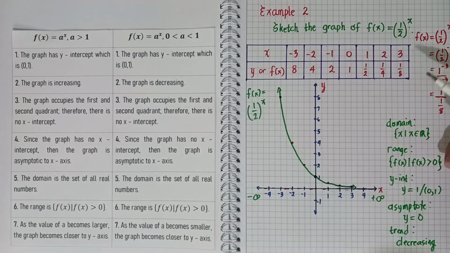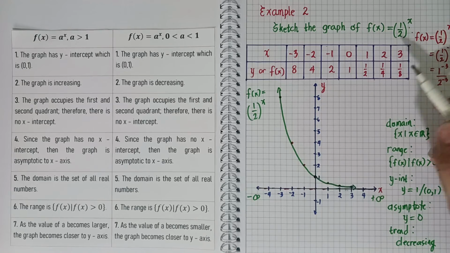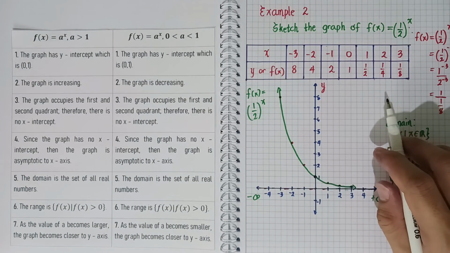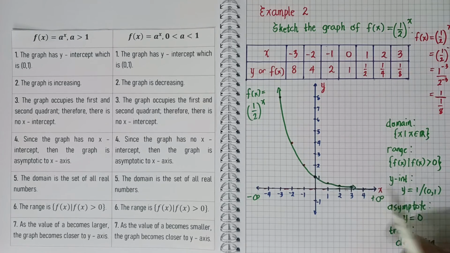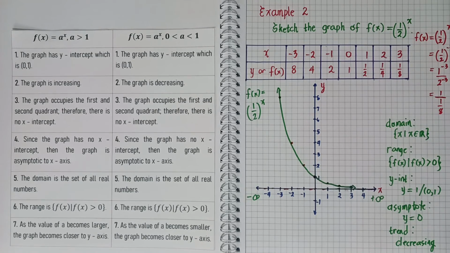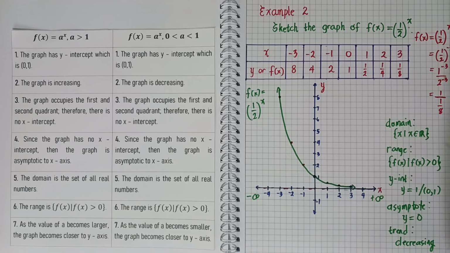So, as x increases, so the f of x decreases exponentially. It would get closer and closer to 0, but they will never touch or be equal to 0. So, ganito tayo kung papaano mag-graph ng exponential function. Naintindihan ba, guys?